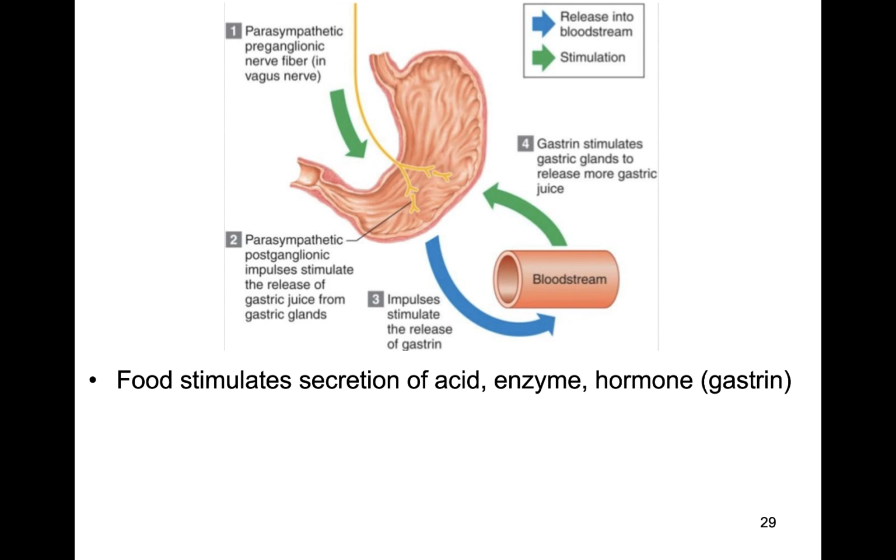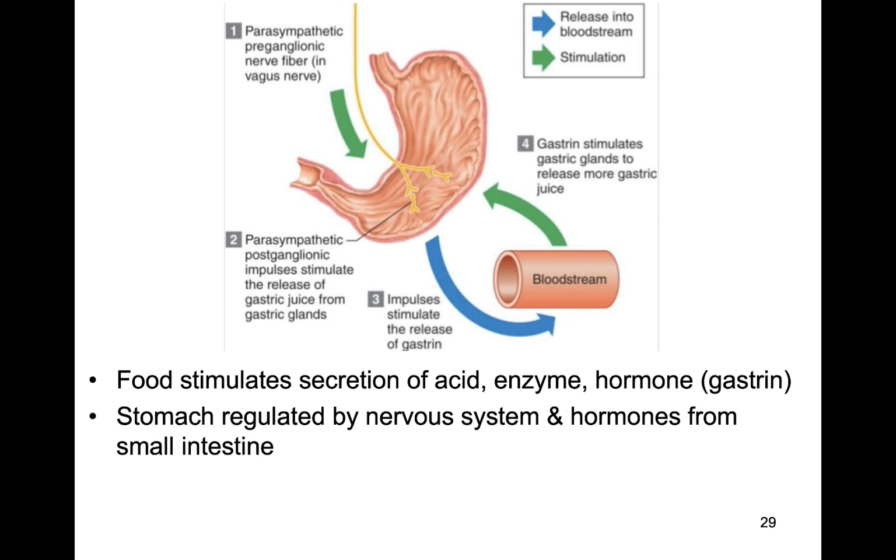That's going to stretch out these muscles in the stomach, and when you actually start eating, maybe you eat really fast because you're really hungry. Since your stomach muscles are already stretched out, you won't eat as fast and you won't overeat. And maybe you will eat even less. That's something that people try when they're trying to lose weight. So it's regulated by the nervous system and some hormones from the small intestine.